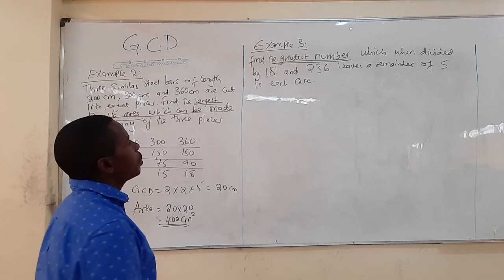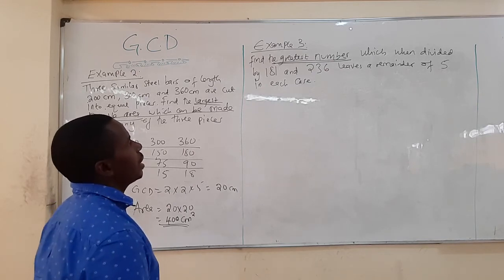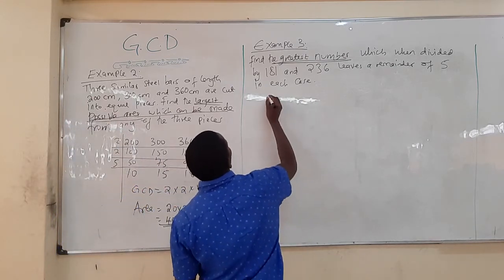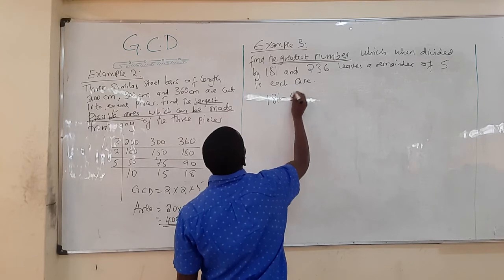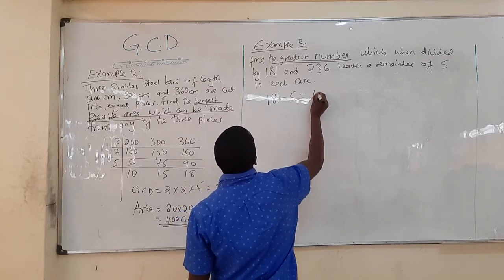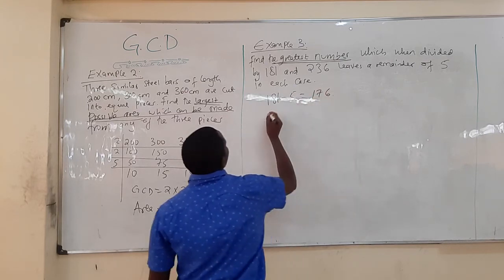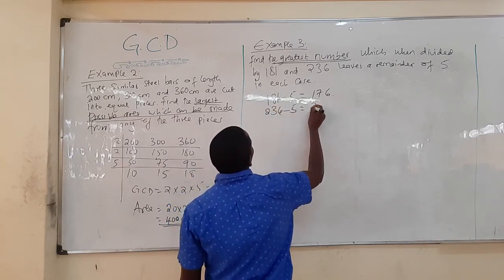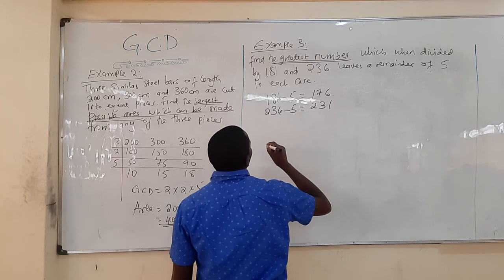So what we do in this question, before you get the GCD, because there is a remainder of 5, we subtract 5 in each case. So 181, we subtract 5, we get 176, and 236, we subtract 5, we get 231.